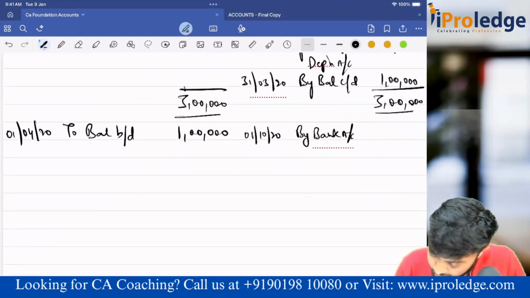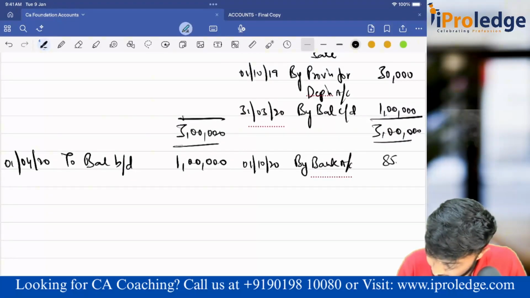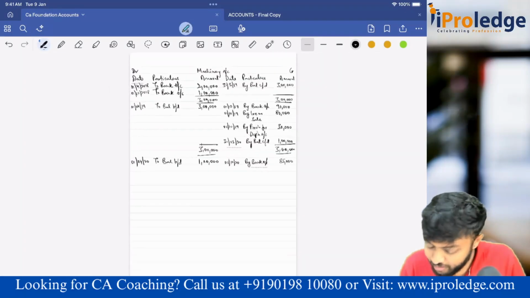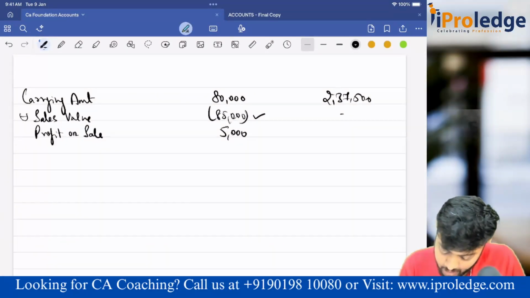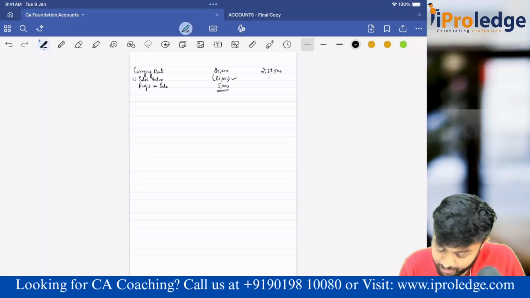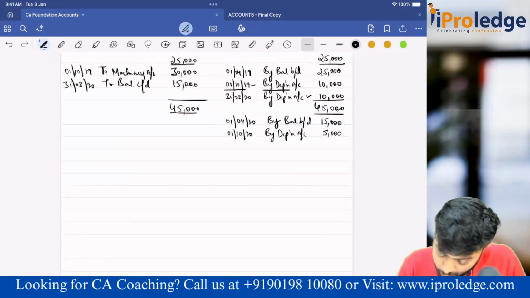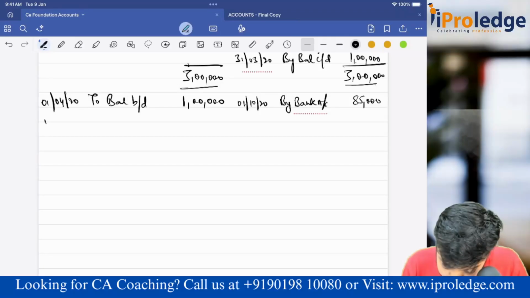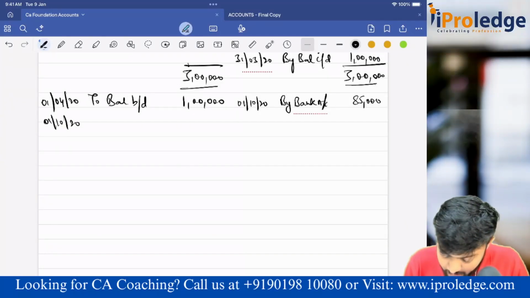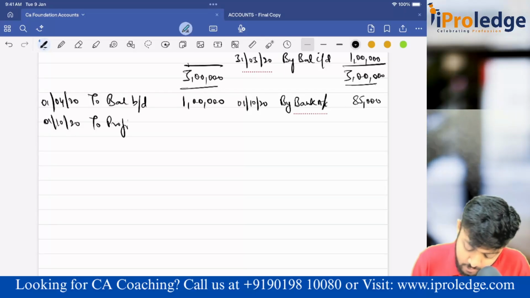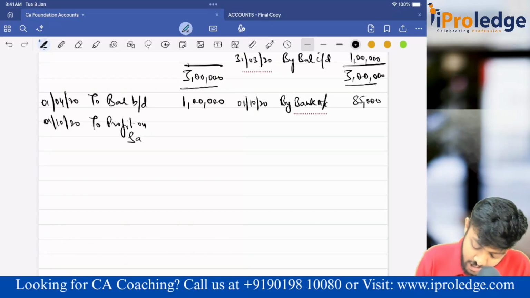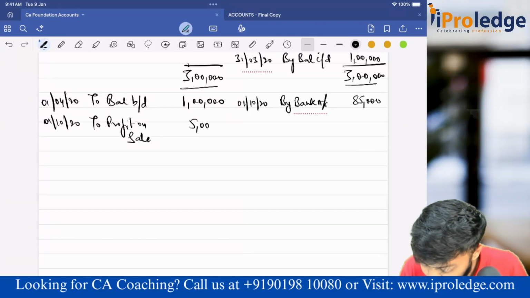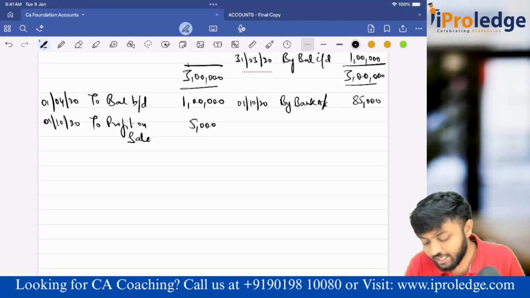Then you have to do profit or loss. Profit on sale of the second machinery is 5,000. So profit will come on the debit side. 1/10/20, profit on sale is 5,000. So profit and bank are both done.